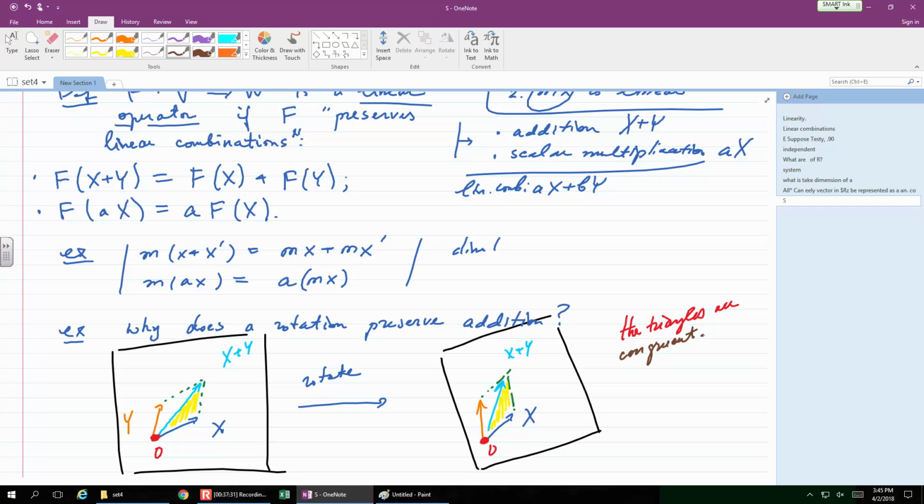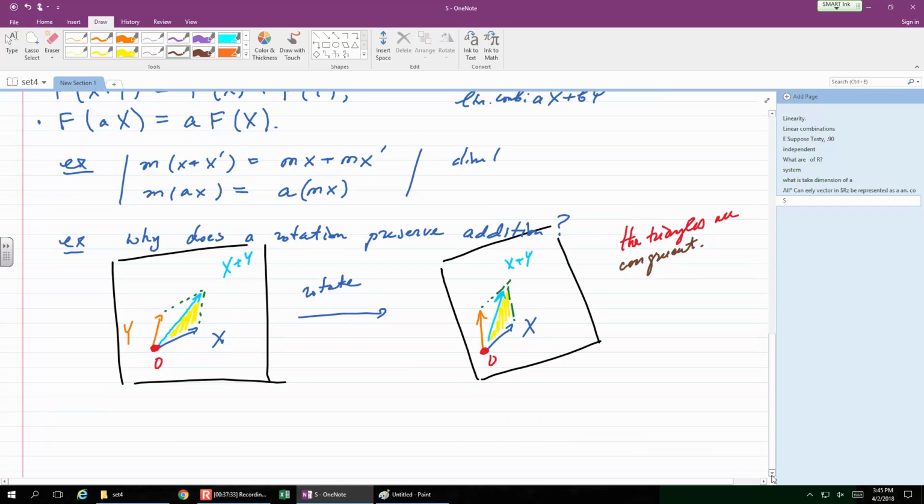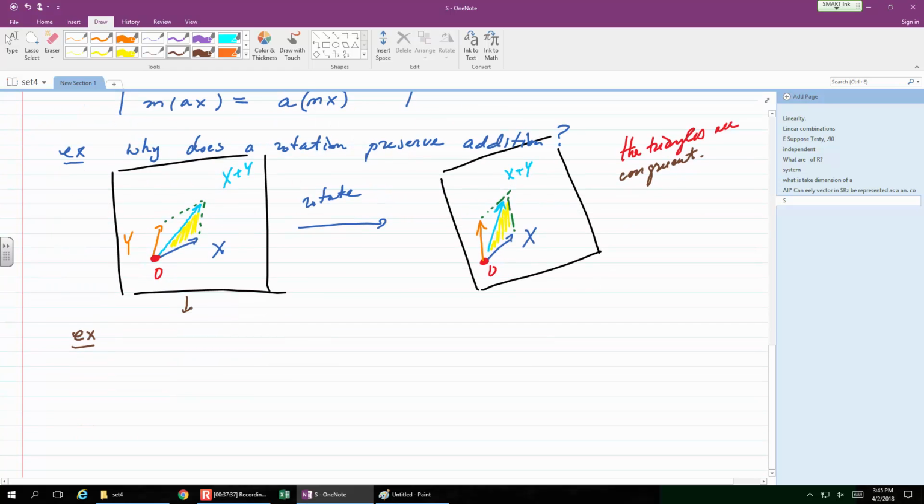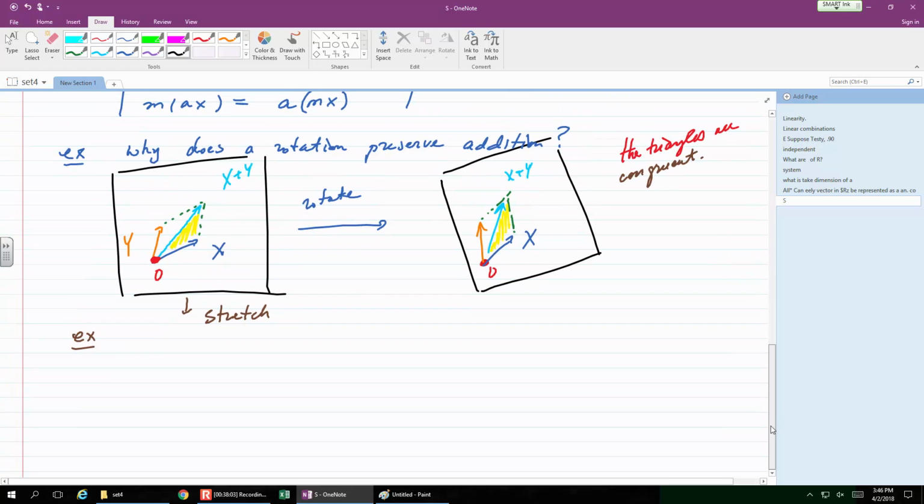However, what if we stretch proportionally to begin with? If I take that picture over here and stretch, let's say by 2, say the factor is 2. Let me try actually to make the point clearer.